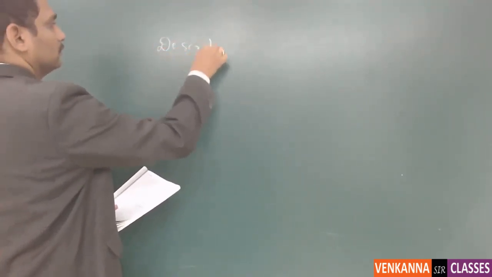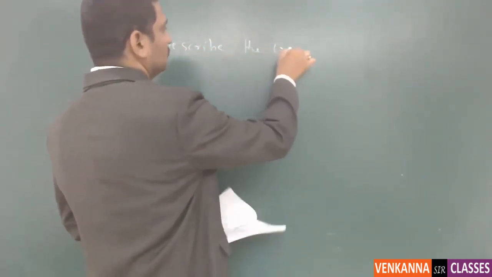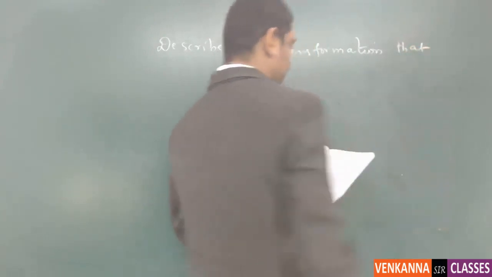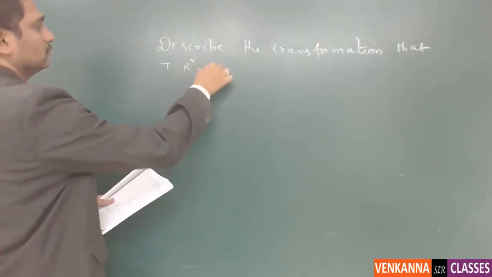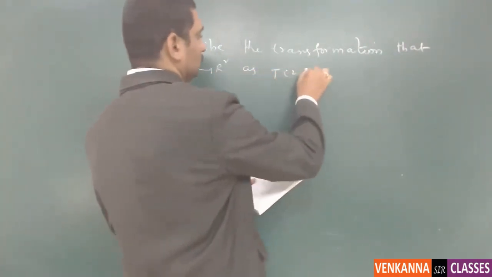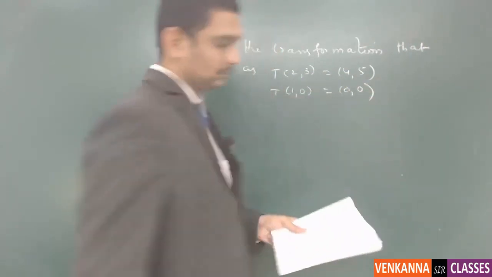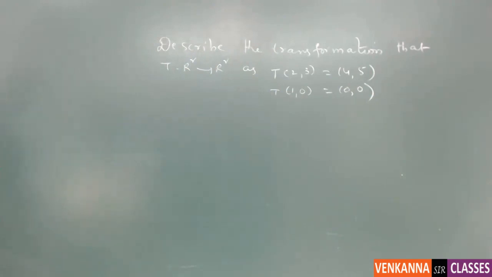Now let us take the next problem. For this problem, we need to describe the transformation T from R square to R square as T of (2, 3) equals (4, 5), T of (1, 0) equals (0, 0).